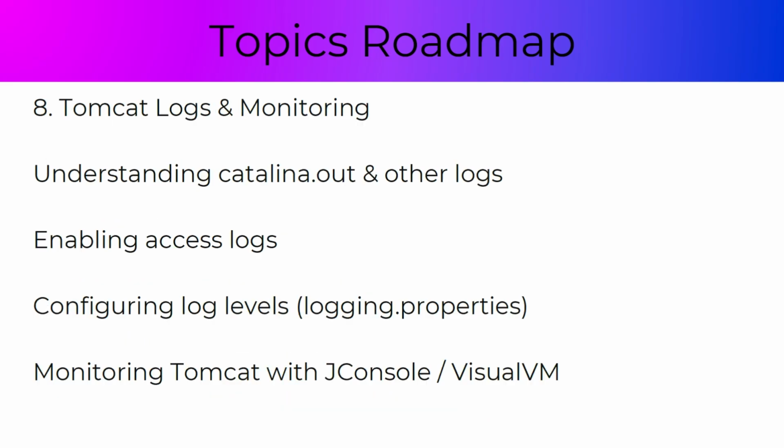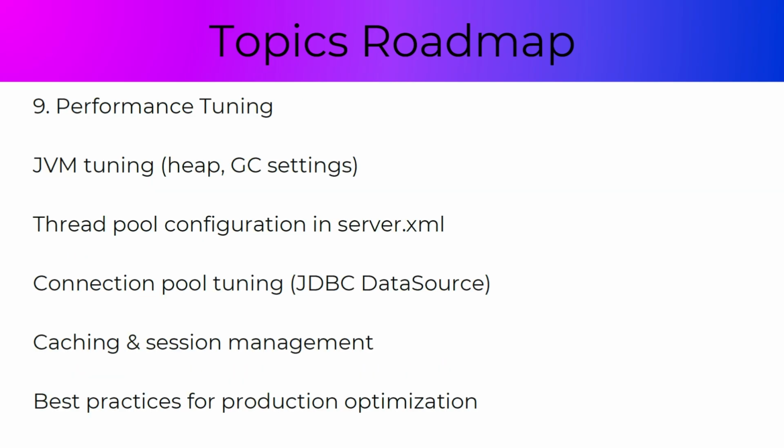Eighth topic will be Tomcat logs and monitoring. Here you will be understanding catalina.out and other logs, enabling access logs, configuring log levels, logging.properties, monitoring Tomcat with JConsole and VisualVM.